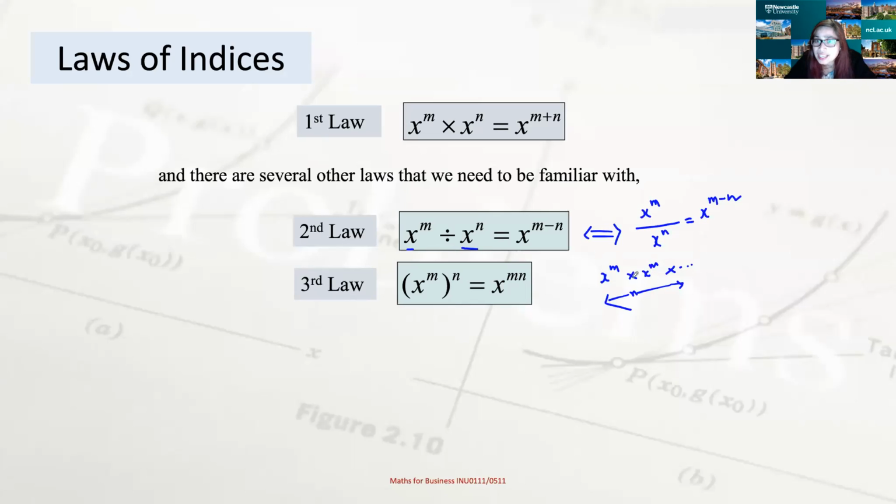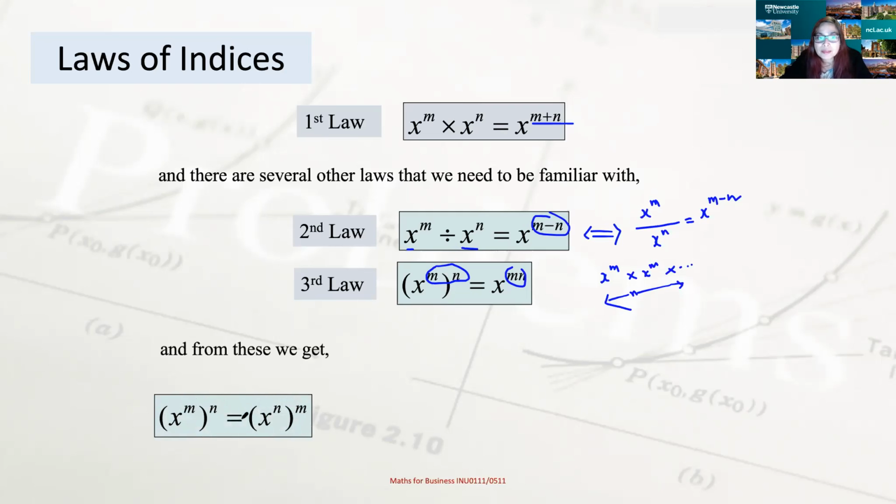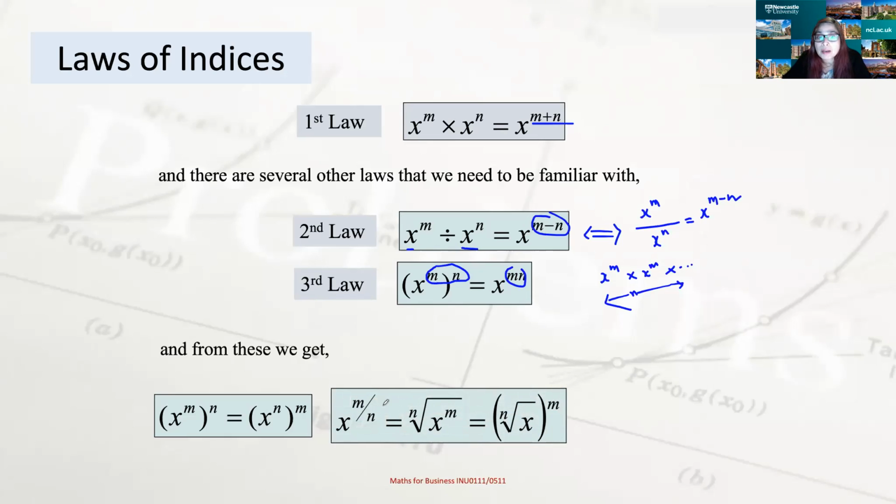This clearly means that when you have something like this, you multiply the powers. So you add the powers when the bases are multiplied. You subtract the powers when the bases are divided. You multiply the powers when you have something like that. And similarly, you can move m out, n in. It's all the same because you're multiplying the powers.